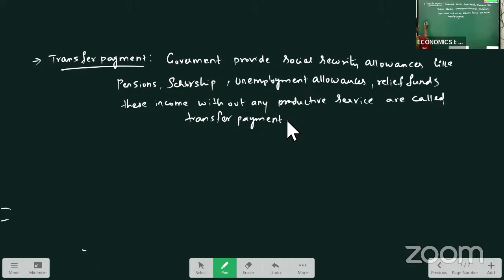After transfer payment, you have subsidies. What are these subsidies?